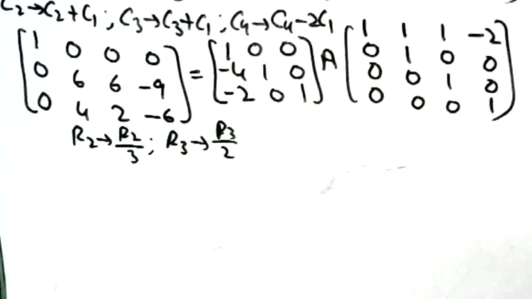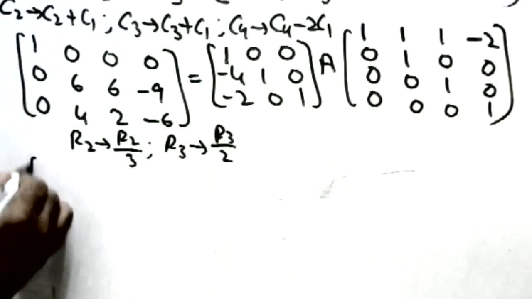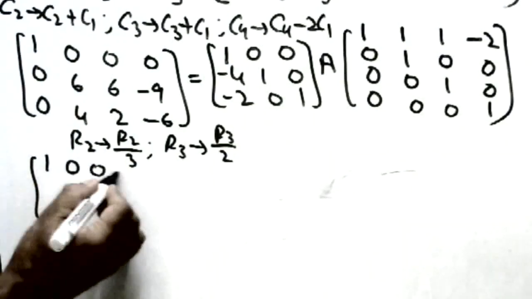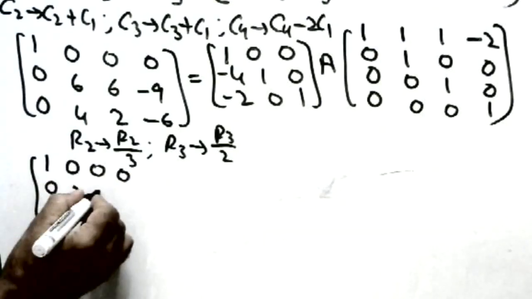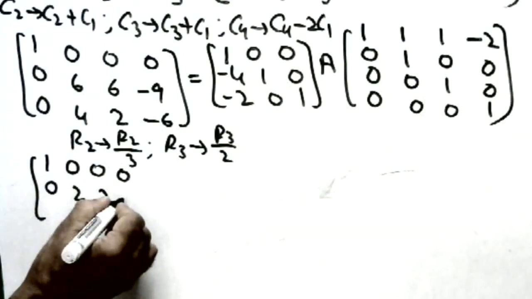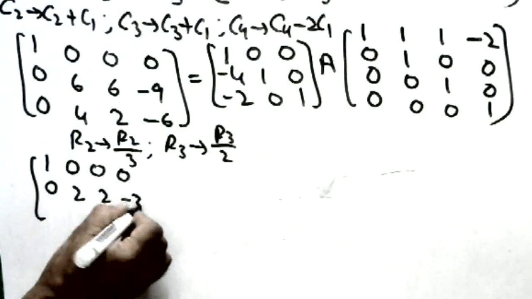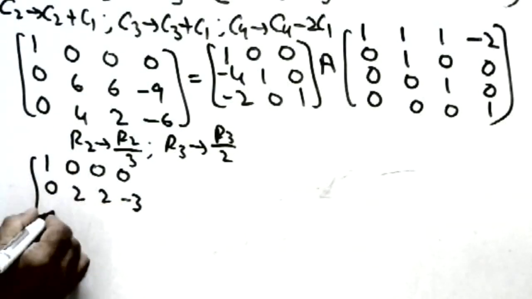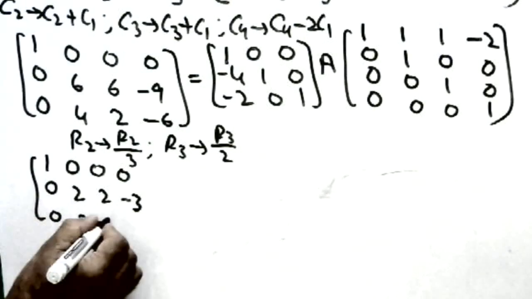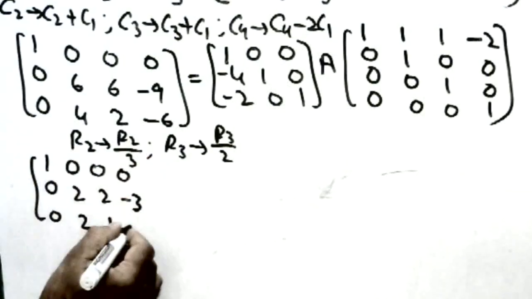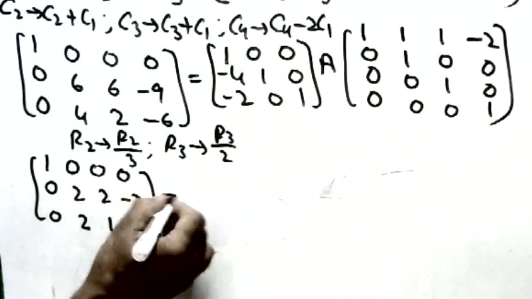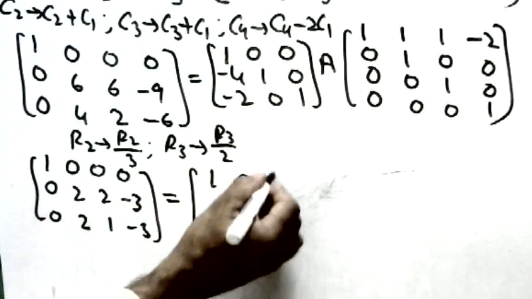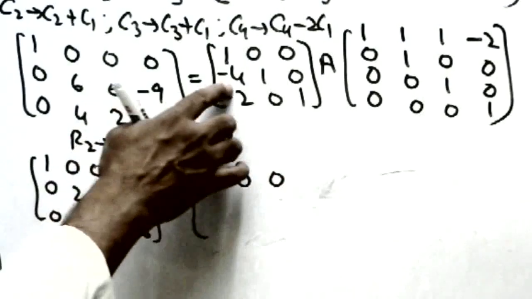Now let me change this one. See here. First one we are not changing: 1 0 0 0. R2 by 3: 6 by 3 will be 2, 6 by 3 will be 2, 9 by 3 will be 3. And this also we are changing now, take 2 common, so this will become 2, 1. If you take common 2, it will be minus 3. Okay, now change here, 1 0 0.